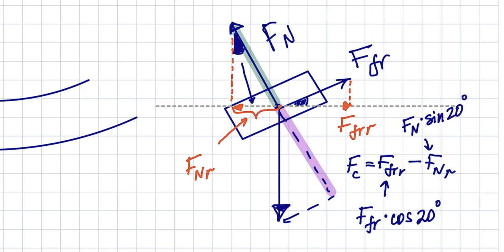But then what is force normal? Force normal itself, not force normal sine, is mg cosine of 20 degrees. Lots of sines and cosines, so we're going to calculate them to make it easier so we don't have to drag the cosine and sine.